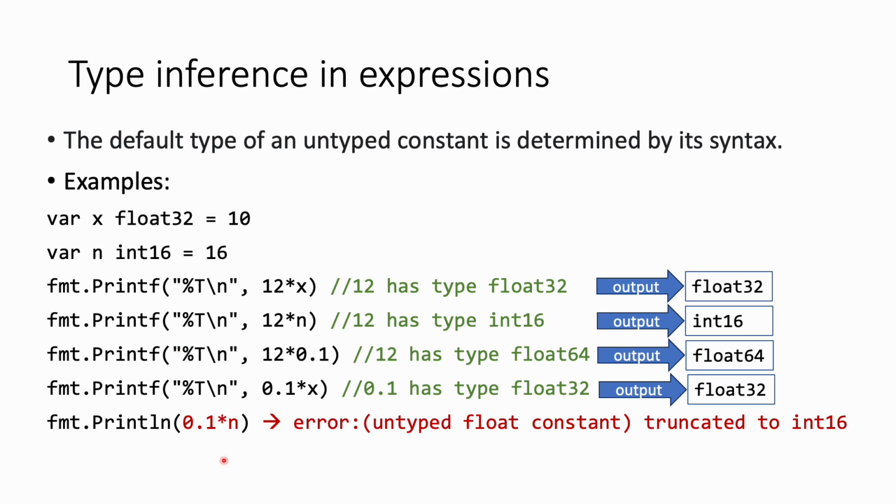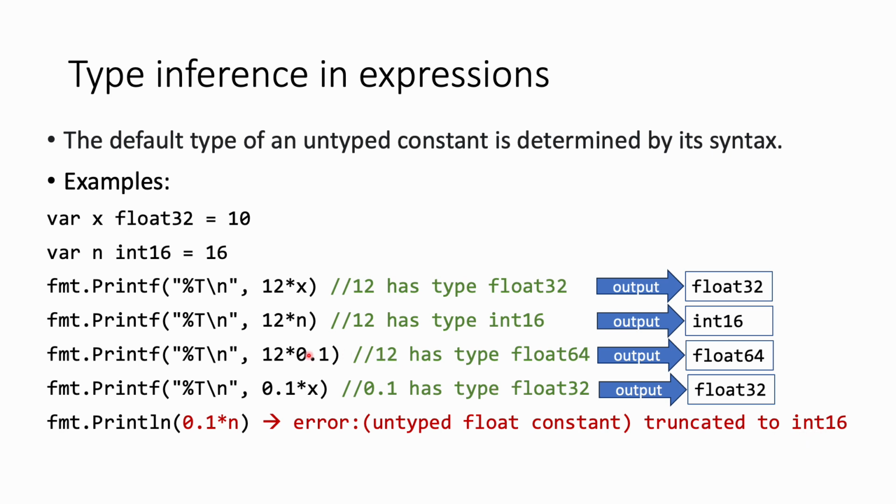But since the 0.1 value cannot be truncated to an integer value without losing some value, this leads to a syntax error, and this is the error message: untyped float constant truncated to int16.